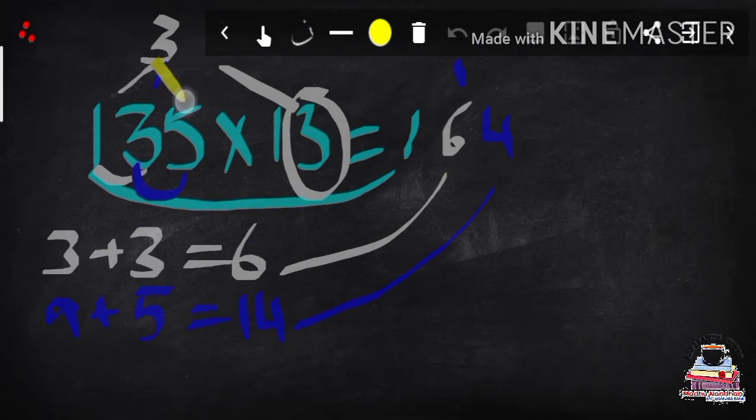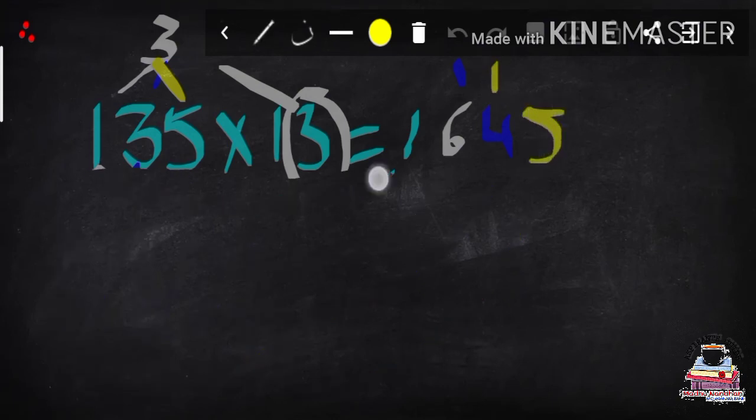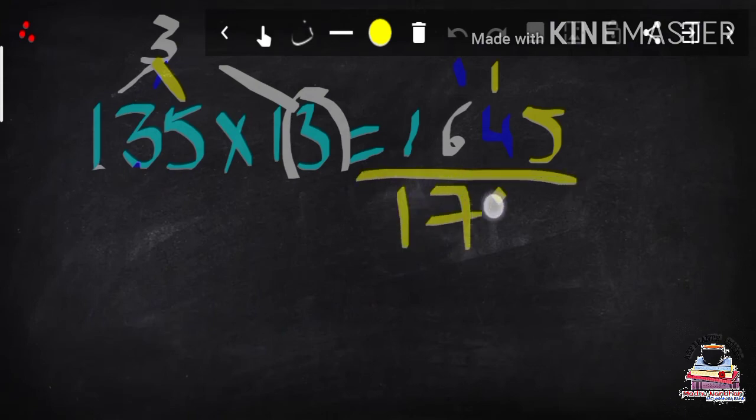Then to get the last digit of our answer, I'm multiplying 3 with 5, that is 15, and as there are no digits after 5, I'm taking it as 0. Here 1 carry and I'm writing 5 over there, and here is our answer for 135 into 13, that is 1755.